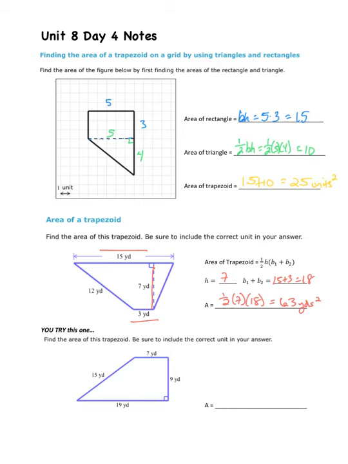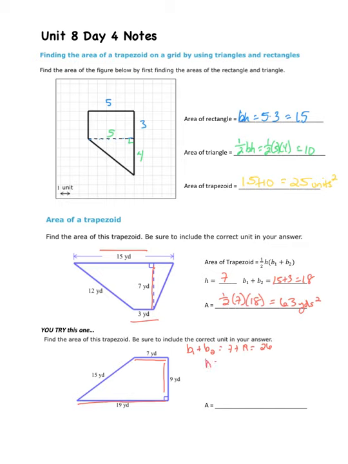All right, let's try the area of this trapezoid. Here are the parallel sides. The parallel sides are 7 yards and 19 yards. So B sub 1 plus B sub 2 is 7 plus 19 equals 26. Now the height, we're looking for it to go from a vertex to a base with a right angle. That would be this.